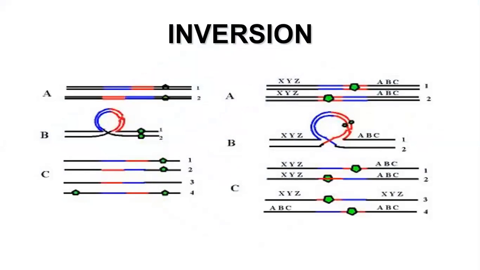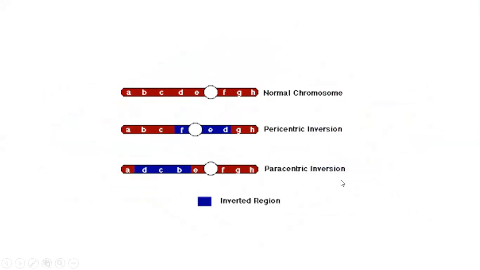We move on to another diagram showing how inversion takes place. This is how the inversion takes place. One more diagram showing types of inversion. This is the normal chromosome and this is the centromere.